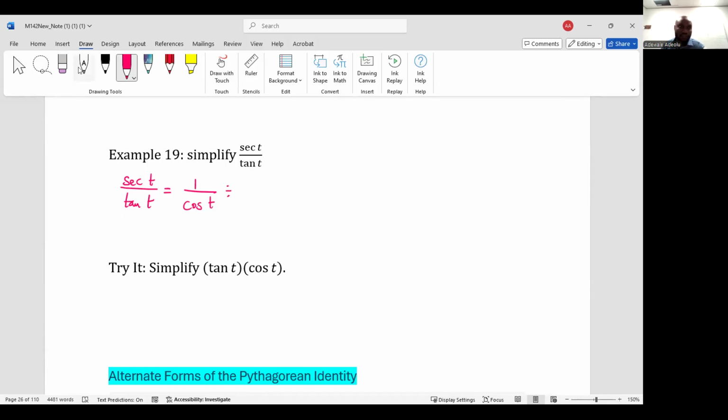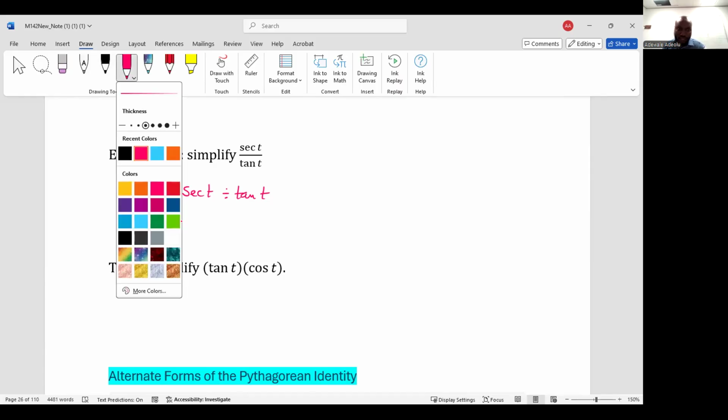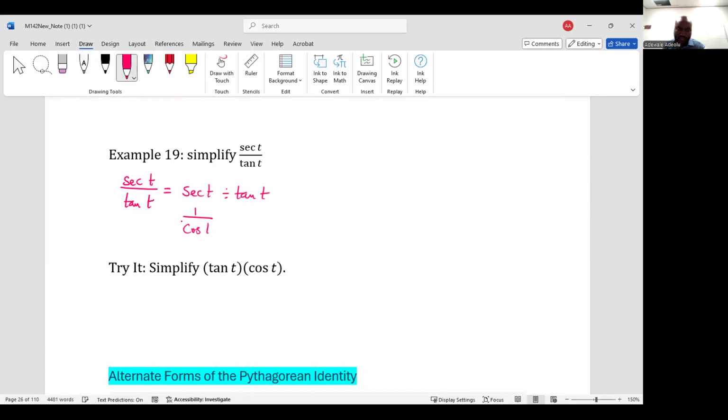Let me take this first step so that you don't get confused. I want to write this as secant of t divided by tangent of t, which is 1 divided by cosine of t. That is the way to write for secant. For tangent, it is sine of t divided by cosine of t.